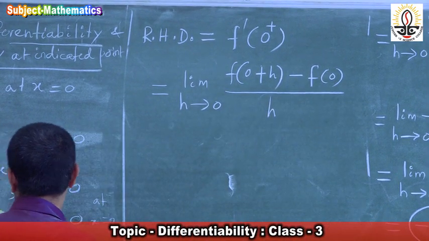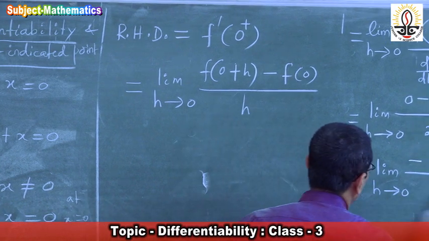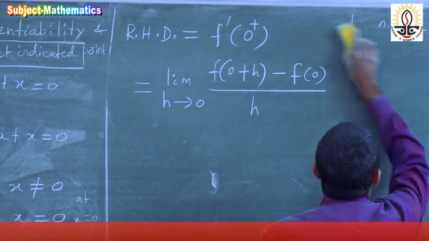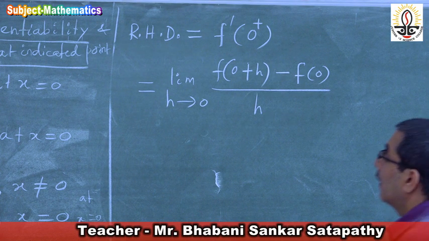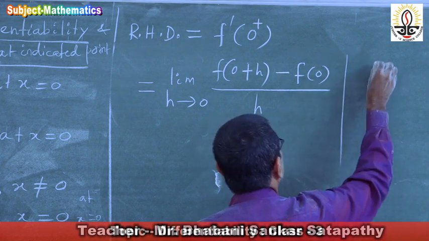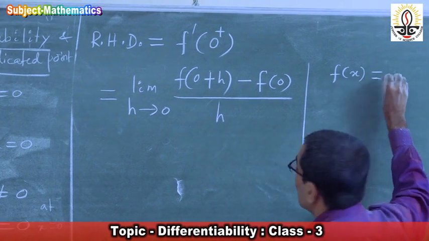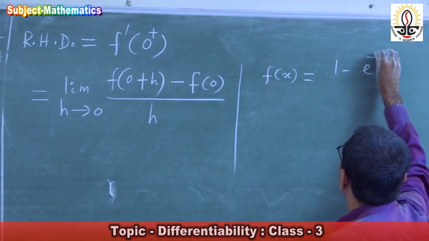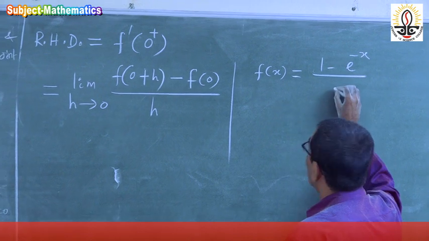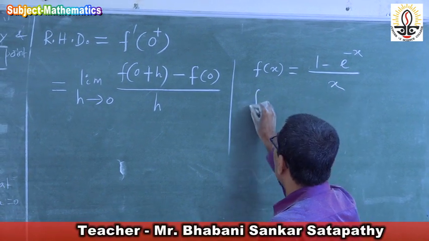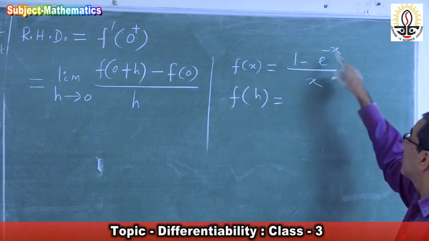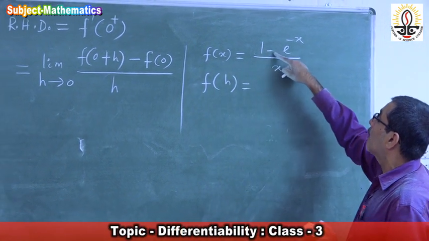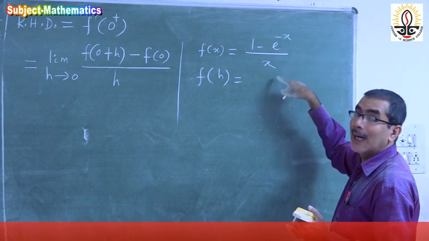Now see, f of 0 plus h will be equal to how much? f of x is equal to 1 minus e to the power minus x divided by x. Then f of 0 plus h, f of h is equal to 1 minus e to the power minus h divided by h.